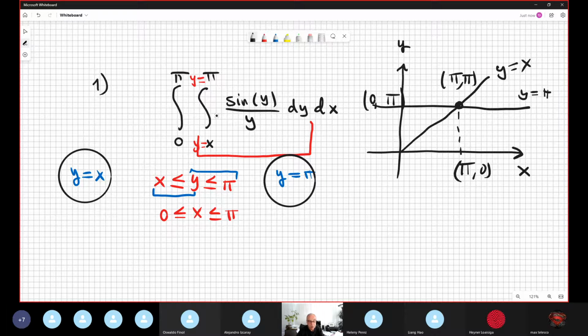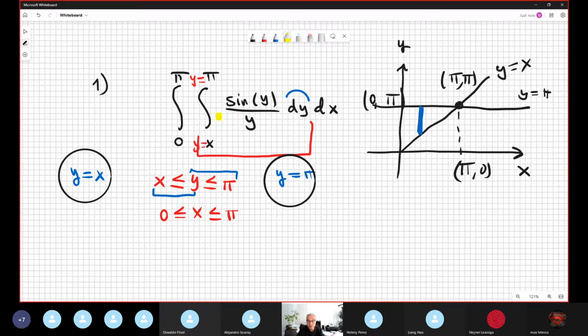Cool. Now, the integration is being done in this direction. How do you know? Because it's y first, from x to pi, and x extends from 0 to pi.